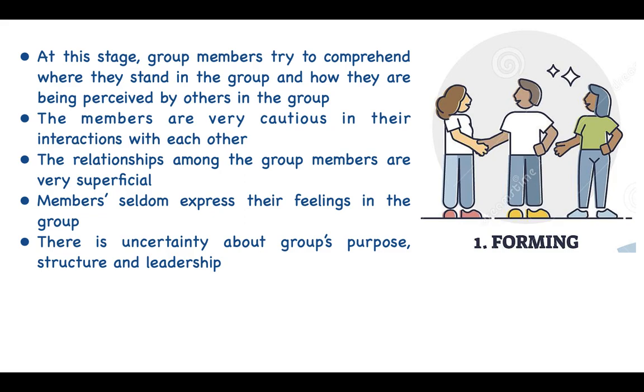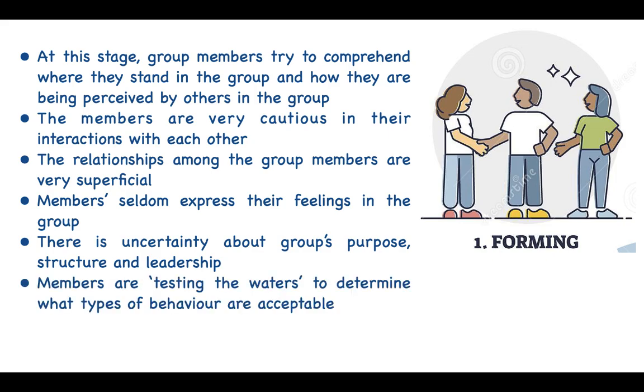There is also much uncertainty about the group's purpose, who will be the leader, what kind of structure they are going to follow, and what the goal of the group is. So everything is very uncertain in this stage. People are testing the waters, about what kind of behavior will be acceptable, whether they have to be very formal, very informal, or very casual.